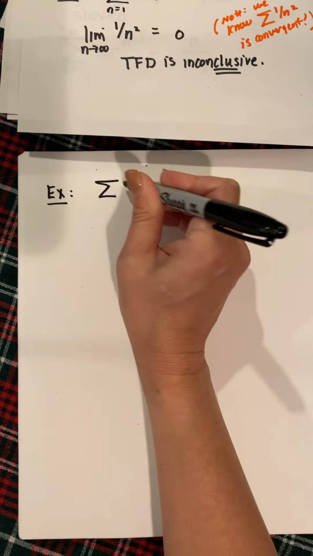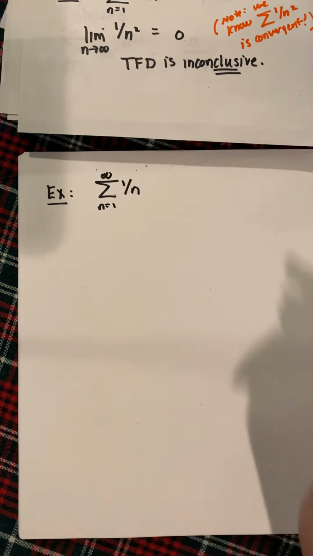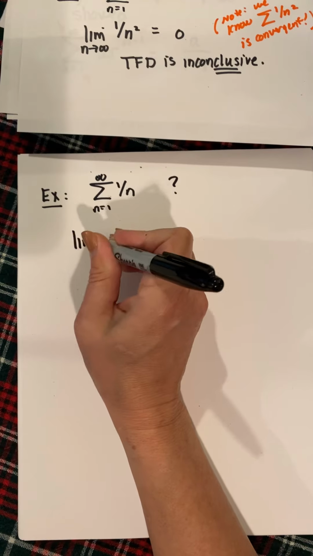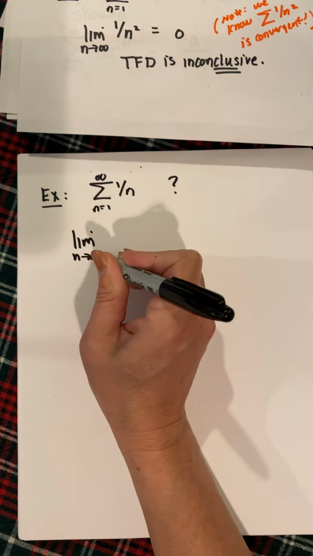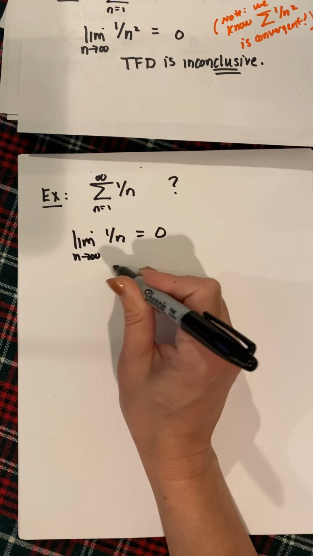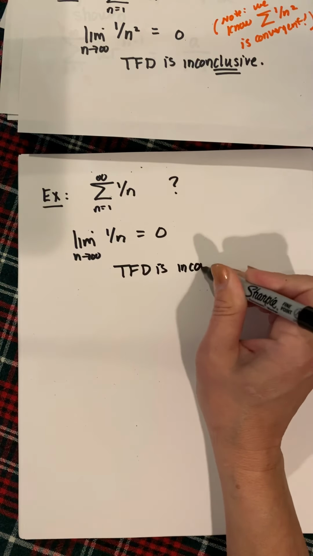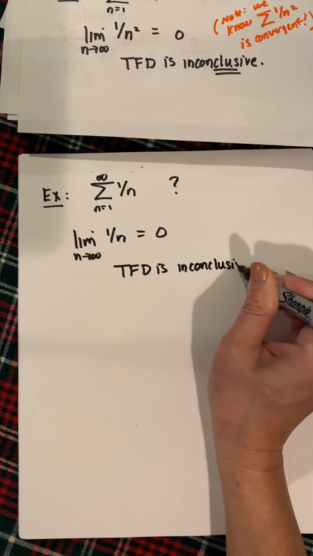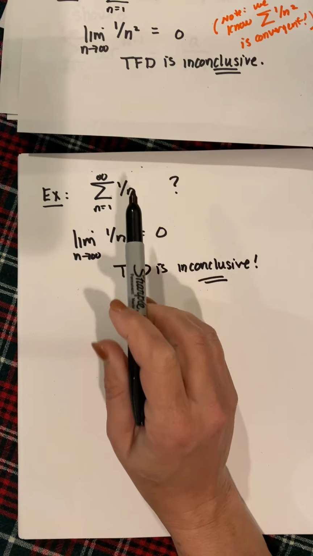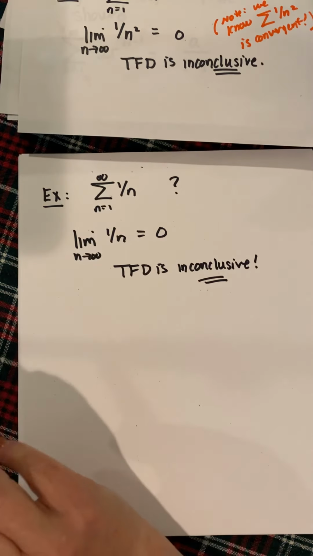But let's look at the harmonic series constructed from the harmonic sequence. Notice the limit as n goes to infinity of 1 over n also equals 0. Therefore, the test for divergence is inconclusive. Just because the limit of the corresponding sequence is 0 does not mean the series converges.